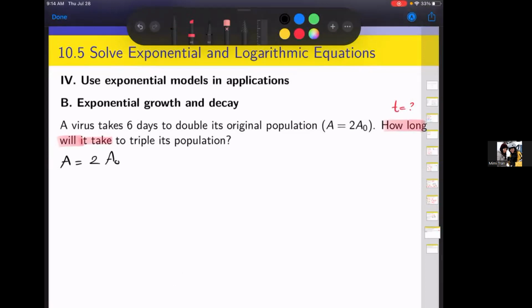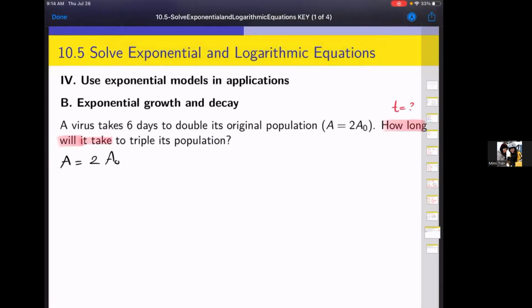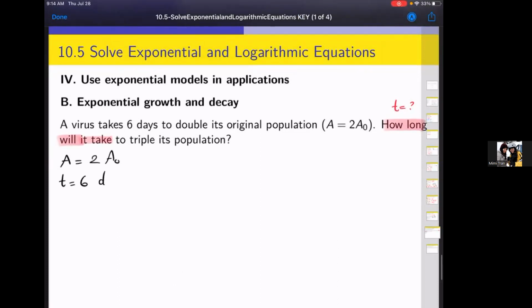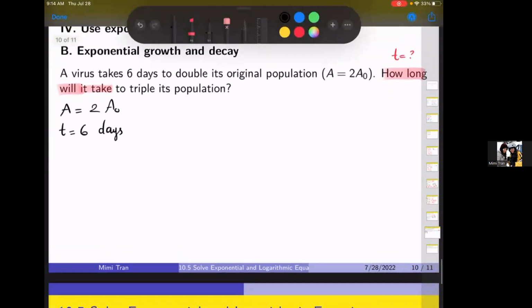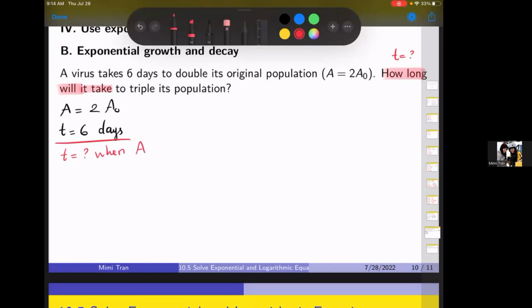And the virus takes 6 days, so T is 6. By the way, this is a different T. The one we want is the red T. Triple is 3 times A naught, right?